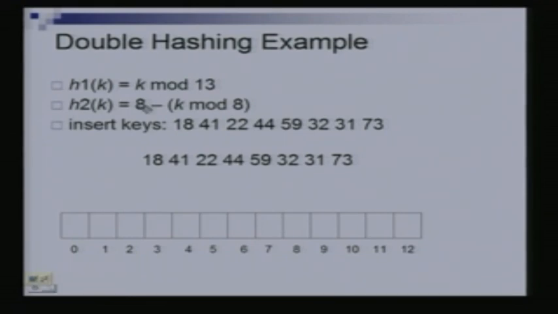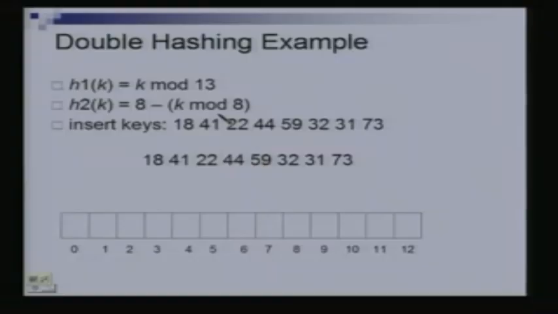I have two hash functions h1 and h2. h1 is the same as before, k mod 13. The elements are also the same as before. We have a table of size 13. h2 of k is my second hash function and is 8 minus k mod 8.